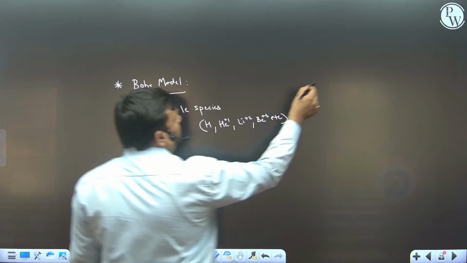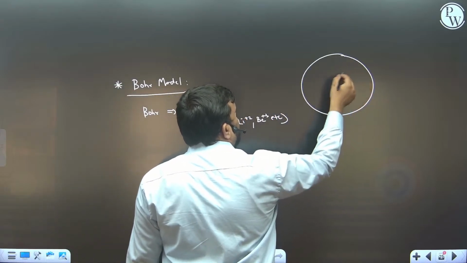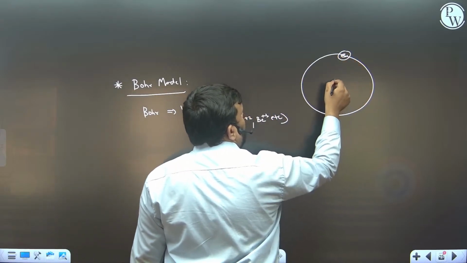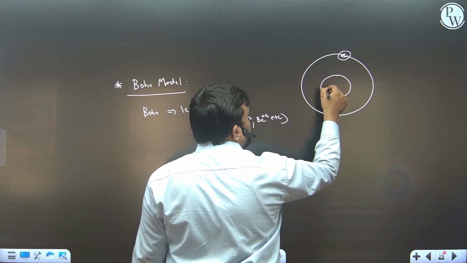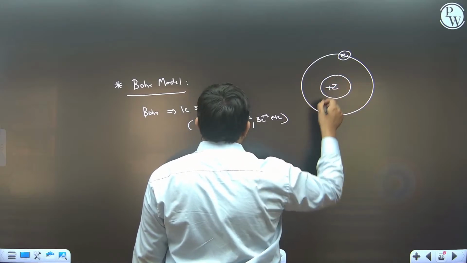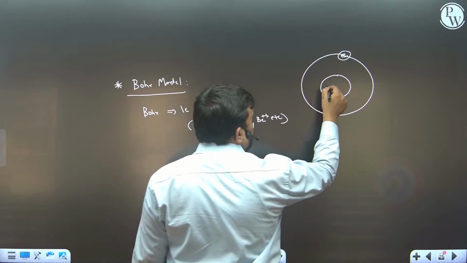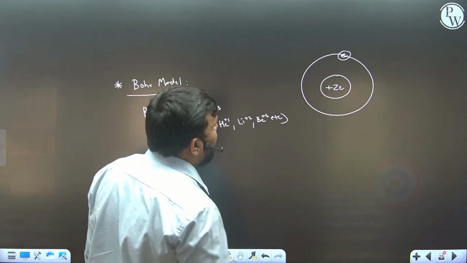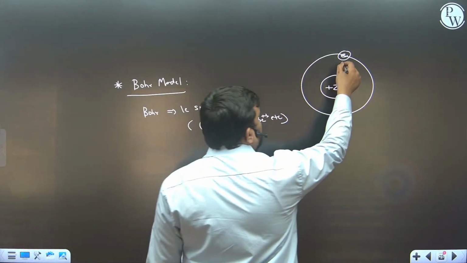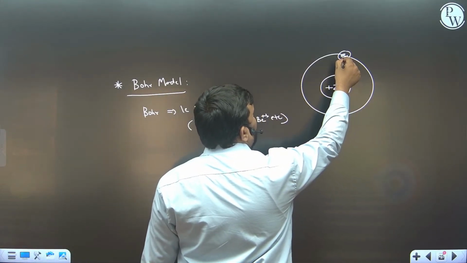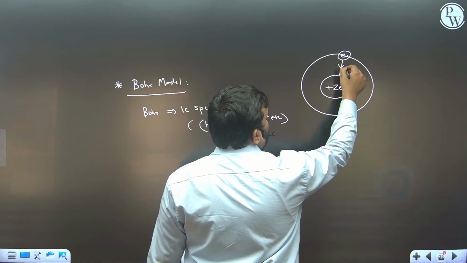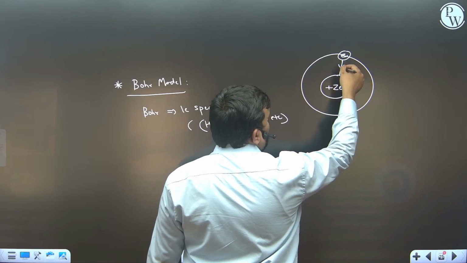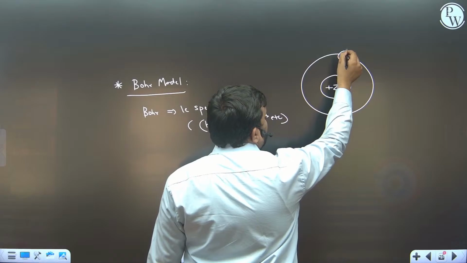Because if we have only one electron revolving around the nucleus, which has plus Ze charge, it will be very easy to handle the vectors, because there will be one force of attraction, since opposite charges attract each other.